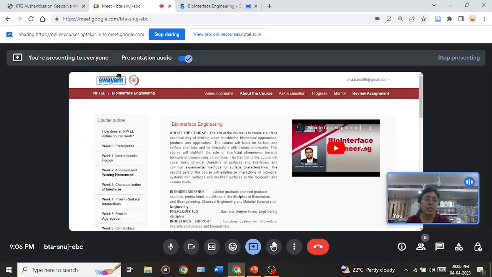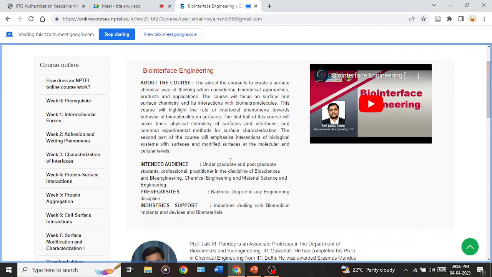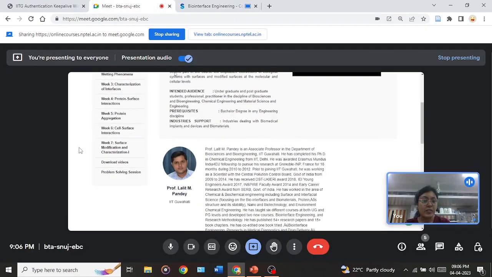So this is the particular portal from which you access your course, right? And all the course outline as well as the assignments have been given on the left side of the screen. Can you see that course outline? So at the end of that column, you will get this particular option, that is problem solving session.